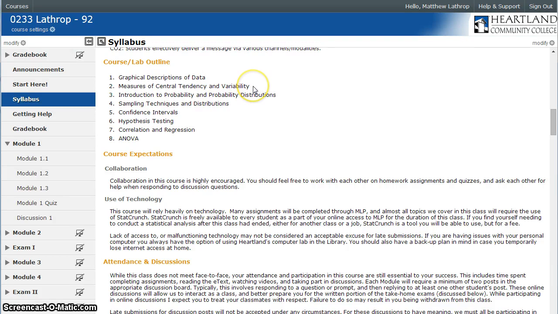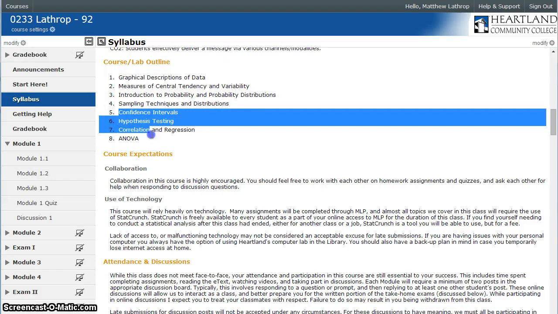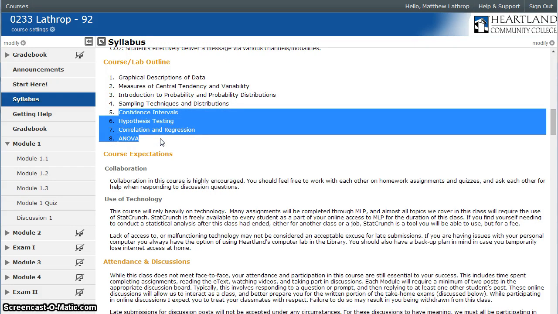We'll talk about central tendency and variability, which just means what's the average of our data, how much variation is there. We'll move on to probability and sampling distributions. And then the last few topics we'll get into what's called inferential statistics. Not a big deal, you don't need to know what that means for right now, but essentially using sample data, we're going to try to make some predictions about things that we don't know.